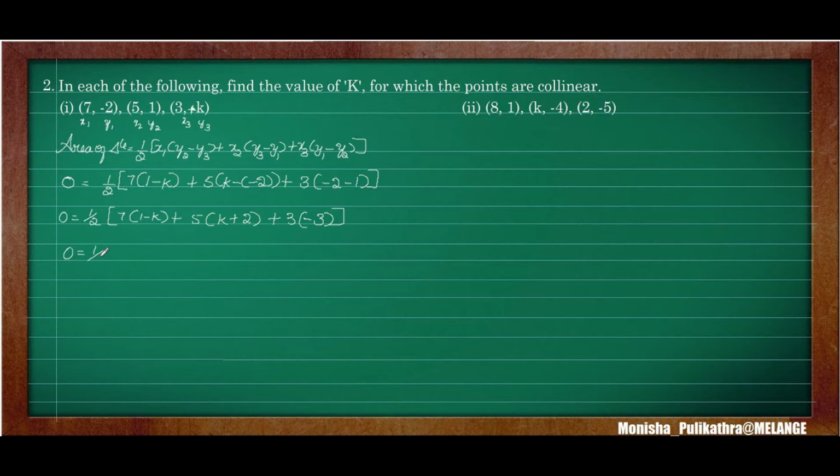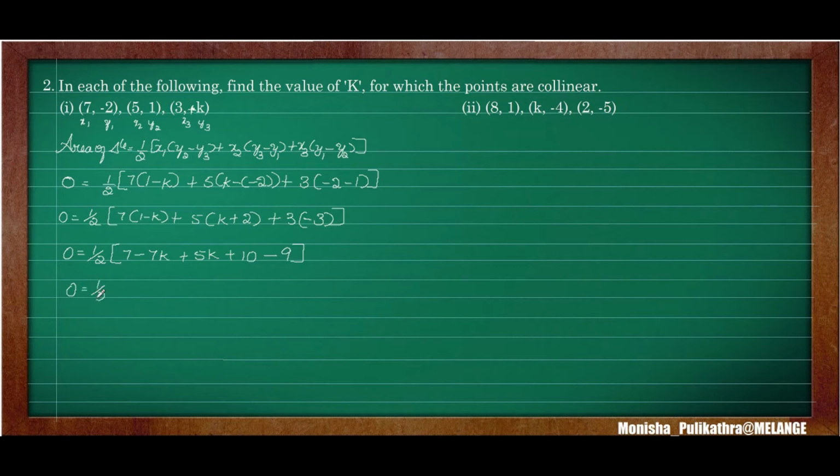So 0 is equal to half into, next we need to multiply this, 7 into 1 is 7, minus 7 into k is 7k, plus 5k, plus 5 2s are 10, plus into minus 3 3s are 9. Next we need to separate the numbers separately and the numbers with the variables separately.